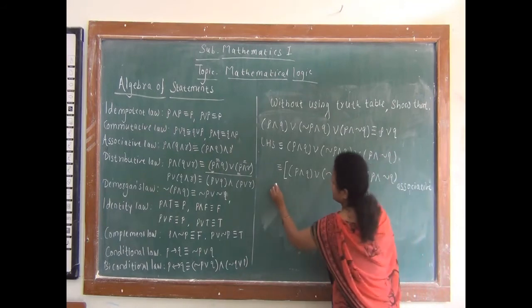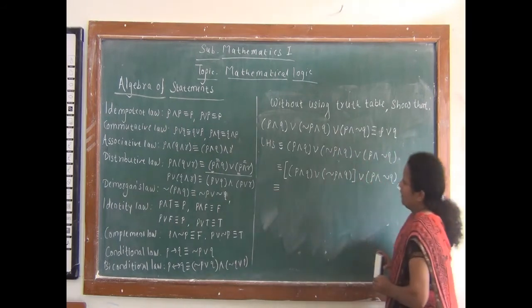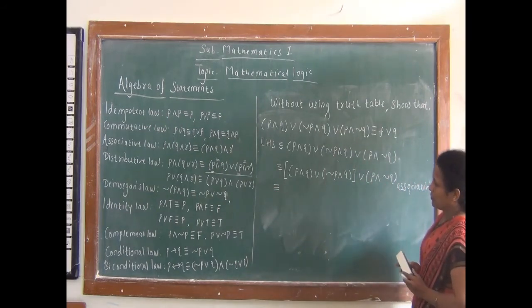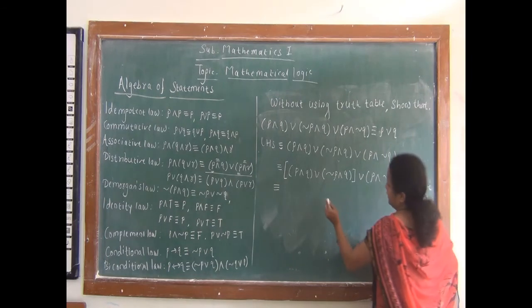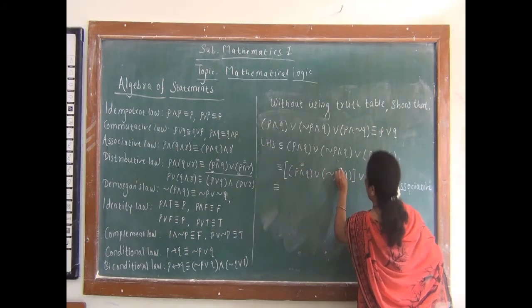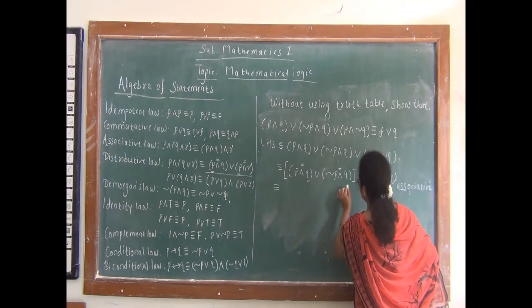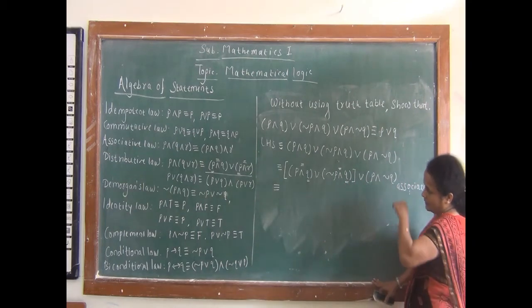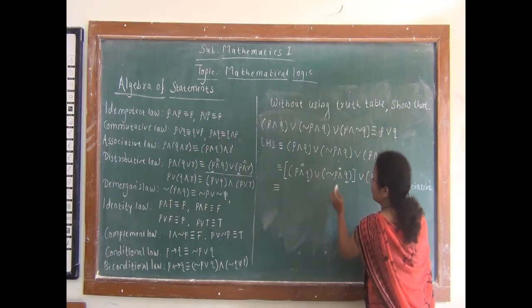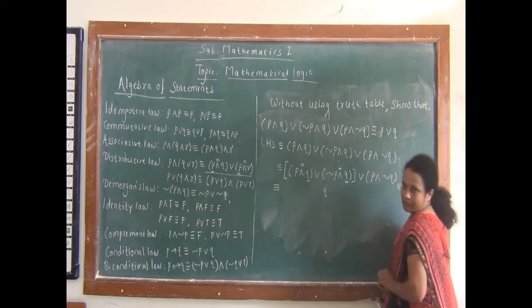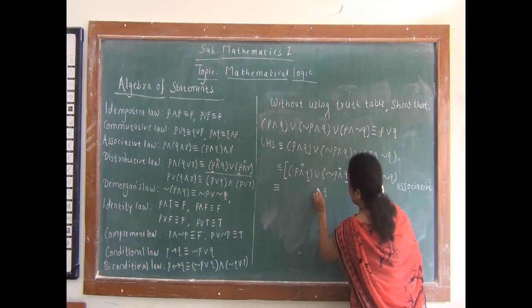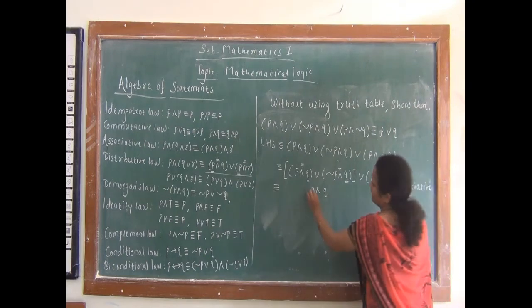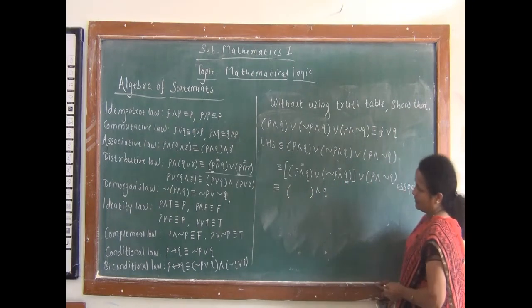And now, again observe this bracket. Common operation is and, common statement is Q. So by using distributive law, first we write this common Q, then we write this common operation and then we write remaining terms in bracket.